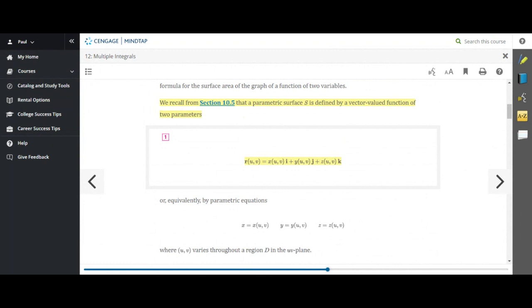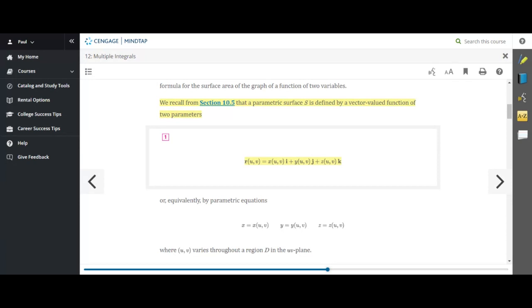Well, how does the pen move? It moves according to a vector function formula of two variables, u and v, two parameters. And as the parameters u and v vary, that moves the vector and scratches out the surface.